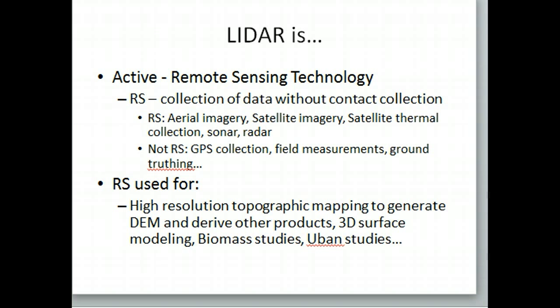One of the things that you use remote sensing for is to get really high resolution topographic maps. What you should have noticed about the lab or the exam is that you had 30-meter DEMs, which were really not appropriate for the task that I gave you, right?